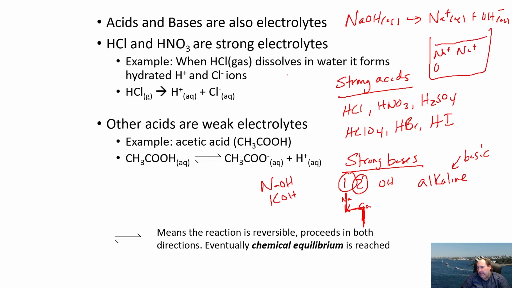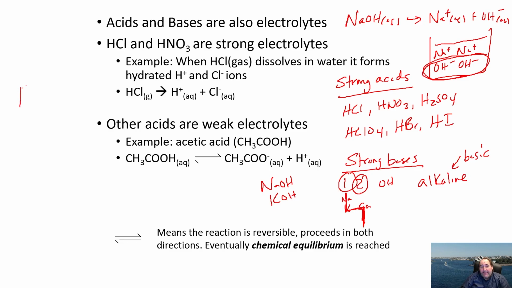One of the definitions of a base is the ability to produce OH minus, or hydroxide ions, free in solution. Because it's a strong base and strong electrolyte, all it has to do is go for a swim and it will produce a bunch of hydroxide really quickly. And that's why it's considered a strong base.